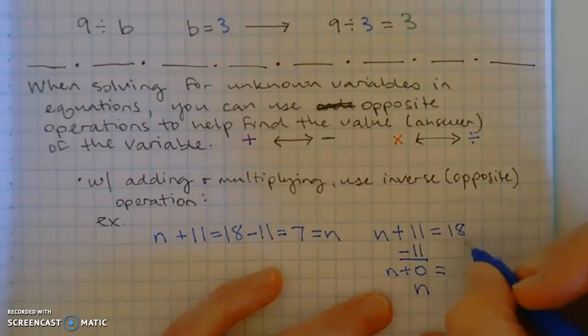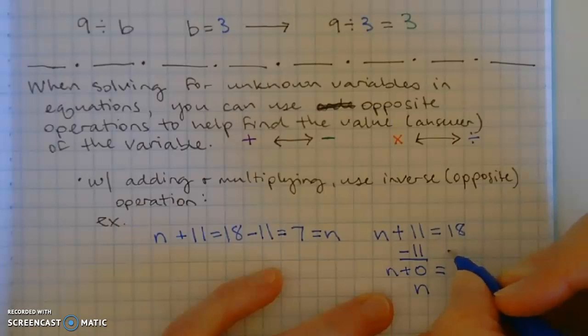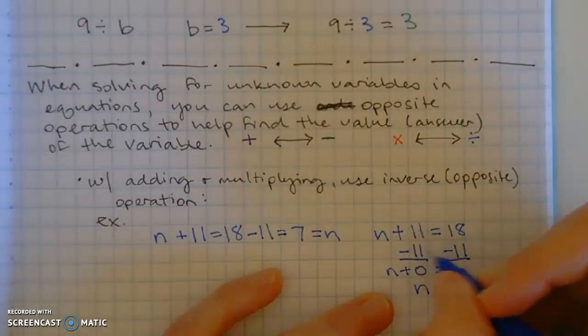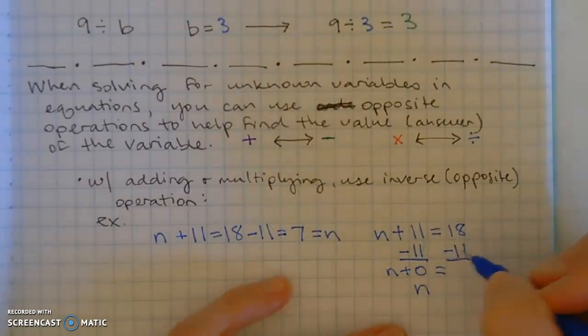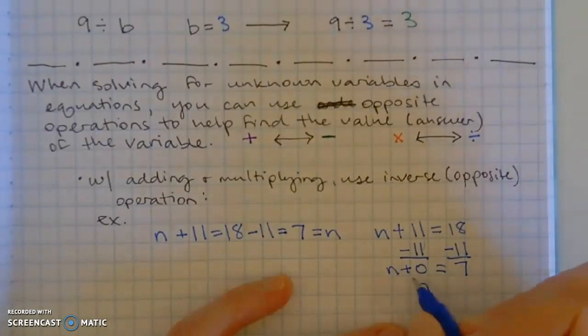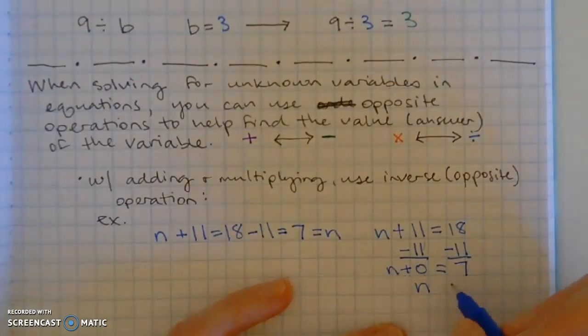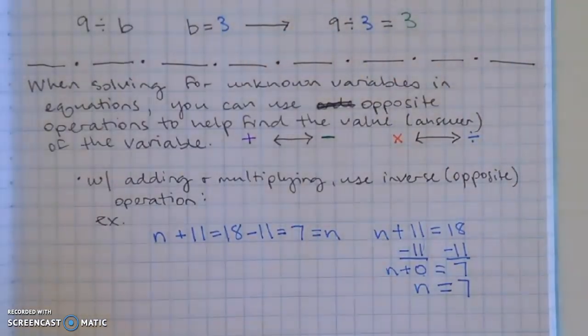It's going to equal 18, and I'm going to just subtract this over here. So I subtracted 11 here. Whatever I do to this side, I have to do to this side. So 18 minus 11 over here is going to give me 7. So n plus 0 equals 7, or the same as n equals 7. So you might see it both ways, okay?